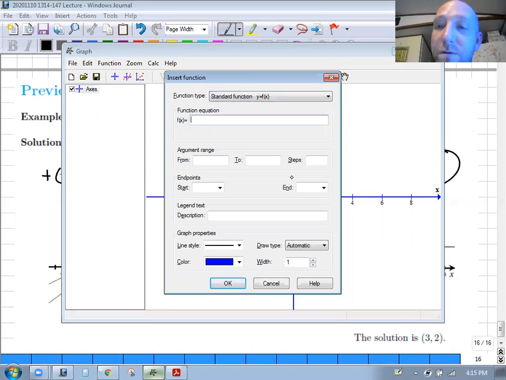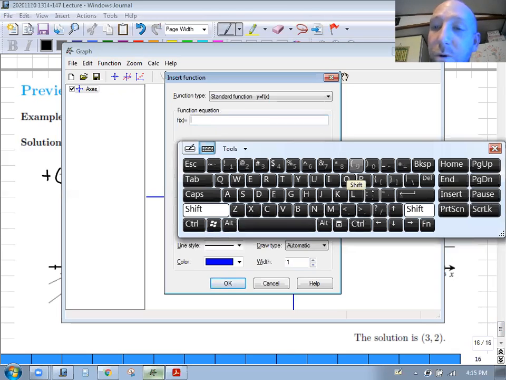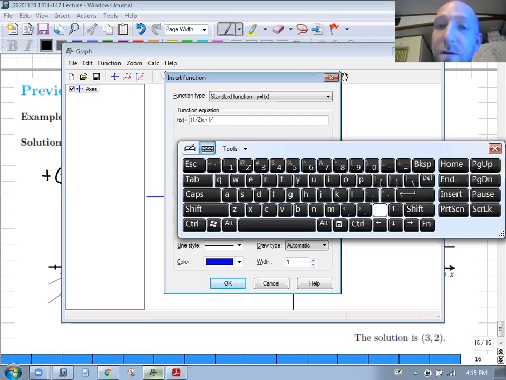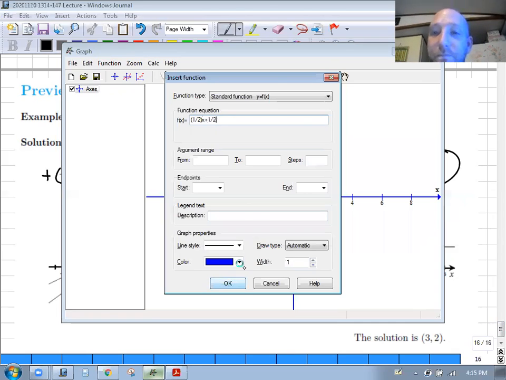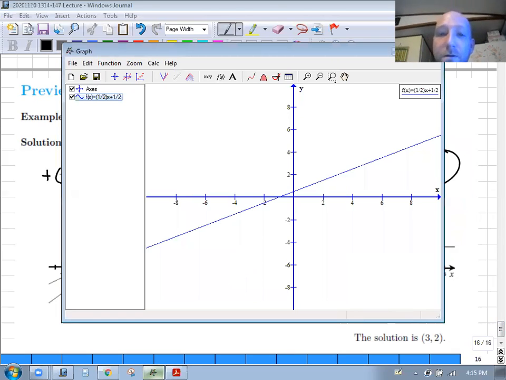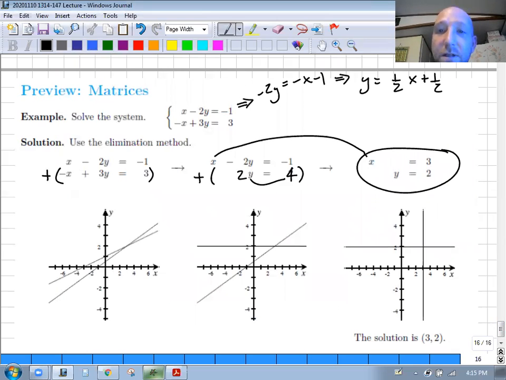y equals 1/2 x plus 1/2. So that's the first one. Let's look at our second one here. 3y equals x plus 3. So y is equal to 1/3 x plus 1.